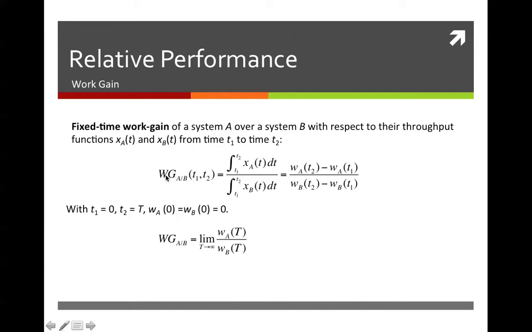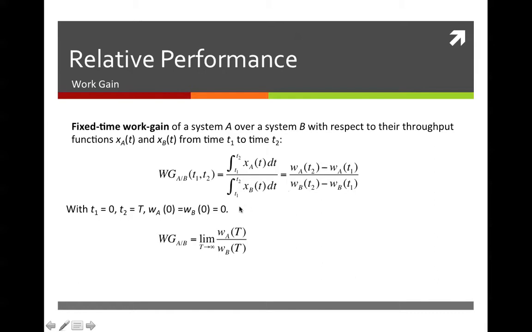So the gain itself will be just total work done by system A in this time period from T1 to T2 divided by the work that is done by system B during the same time period. And of course that will give us the work gain if we have any.